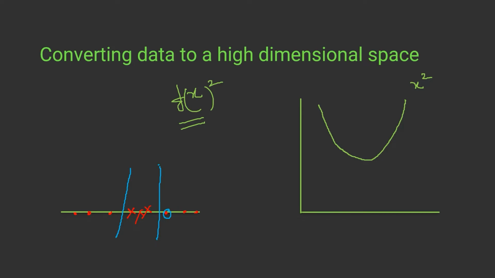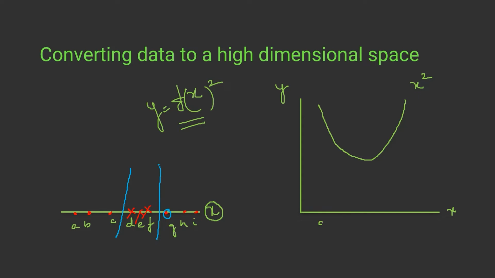Suppose that's my x value and this will be my y value, where y equals f of x, which is x raised to the power of 2. So what I am doing is increasing the dimension of my data. How? If I plot these x values using this function, say the values are a, b, c, d, e, f, g, h, i.